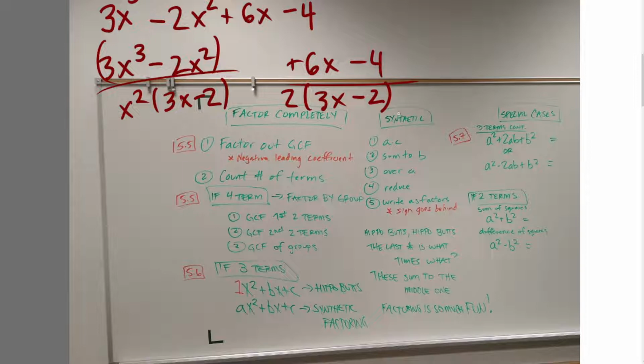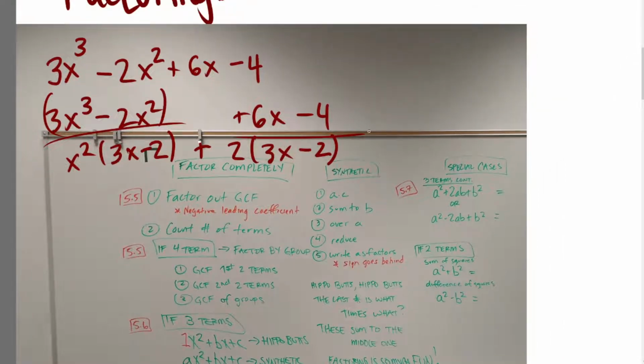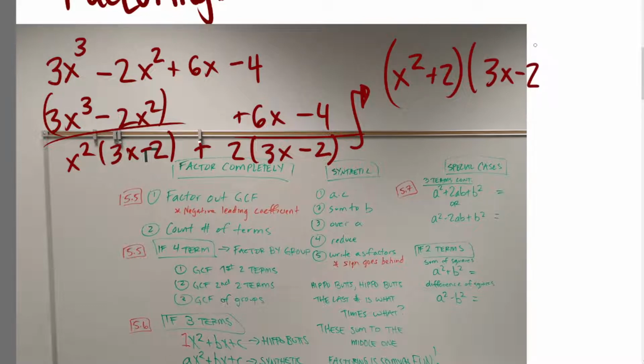And then what you can do is you find the greatest common factor of your groups. In this case, it's going to be 3x minus 2 altogether because it's in parentheses. So we can take that out. And what that turns out to be is we have x squared plus 2, and then we will have 3x minus 2. And that would be our factored form for that, if that makes sense.